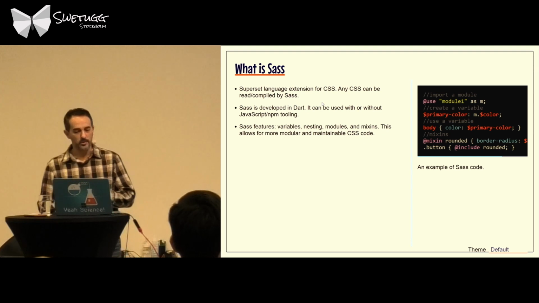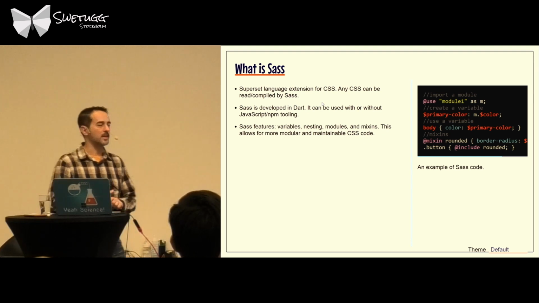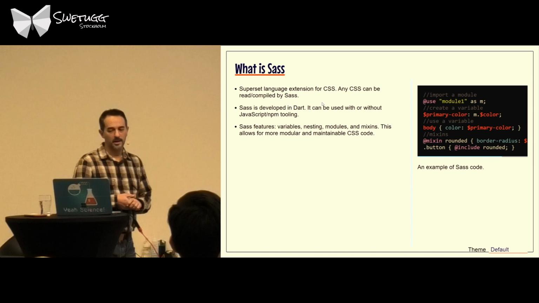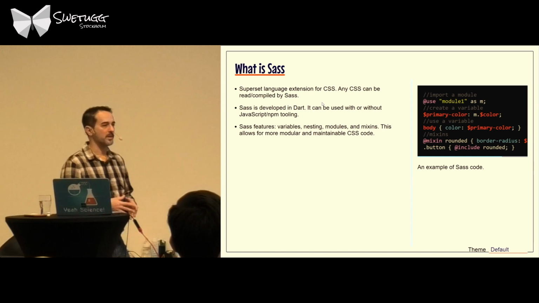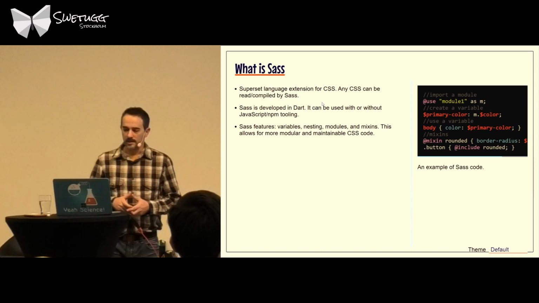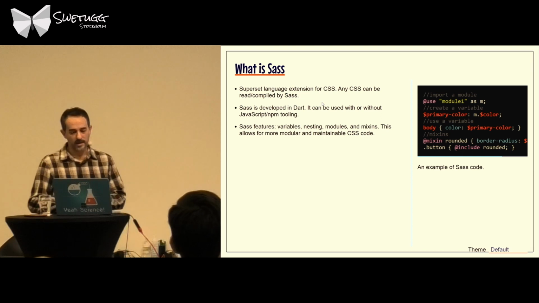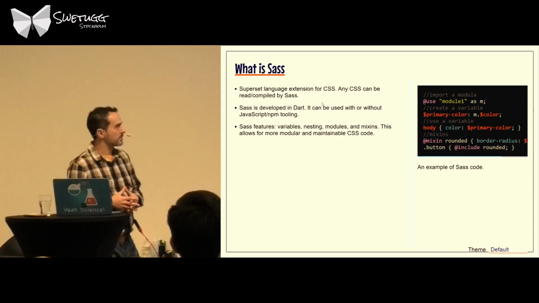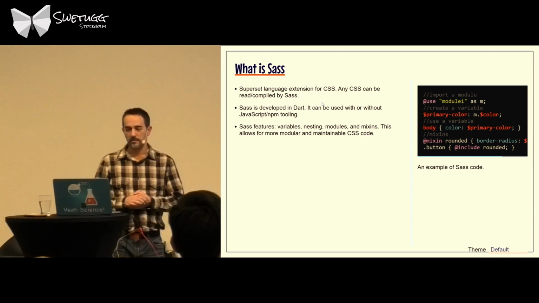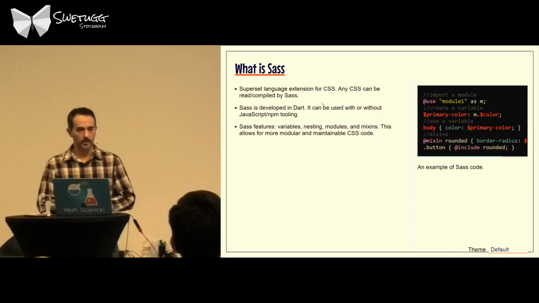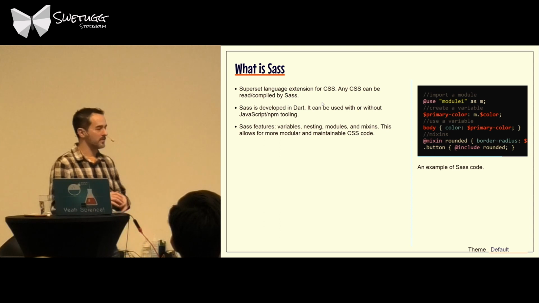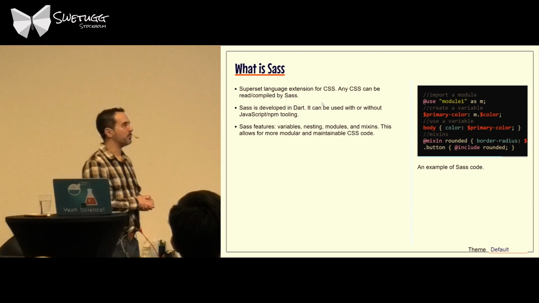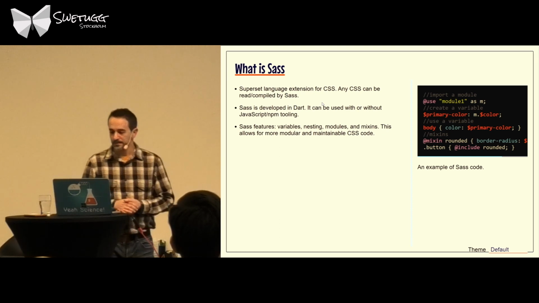It has modules, mix-ins, all sorts of stuff that gives us the ability to make modular, maintainable CSS code. So there's a little example on the right-hand side here where we can use a module of Sass code, and we can use various variables and things from that module or some mix-ins, which are similar to functions that specifically output some CSS classes.